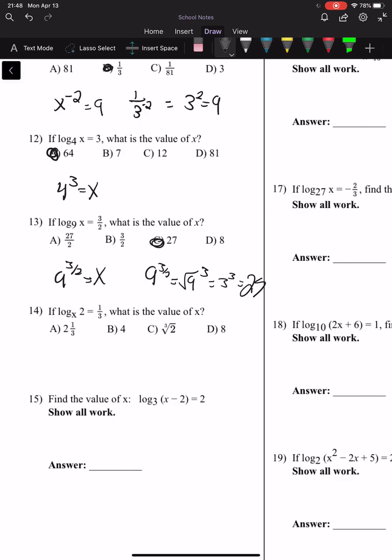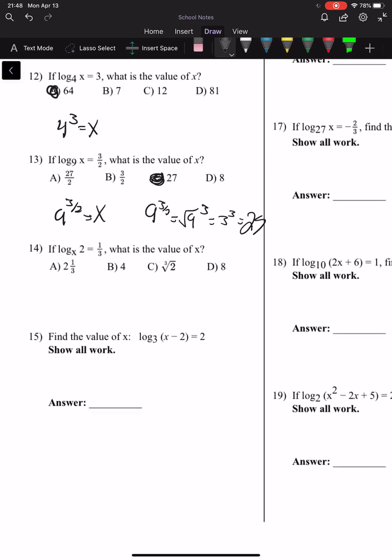So choice C. Number 14, we have x to the 1/3 power equals 2. So 8 to the 1/3 power is the cube root of 8, which is just 2. So choice D.